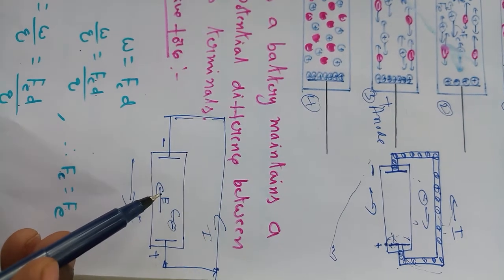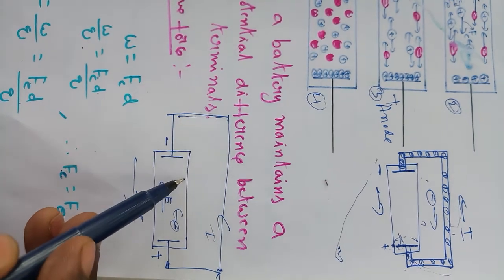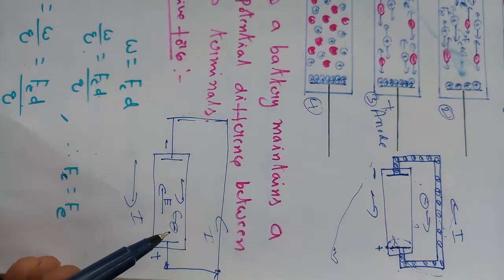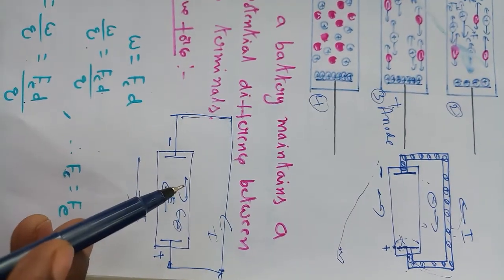This is the direction of the electric field. The electric field exerts the electric force on the electrons in this direction, whereas the chemical force moves the electrons from right to left, that means against the electric force.